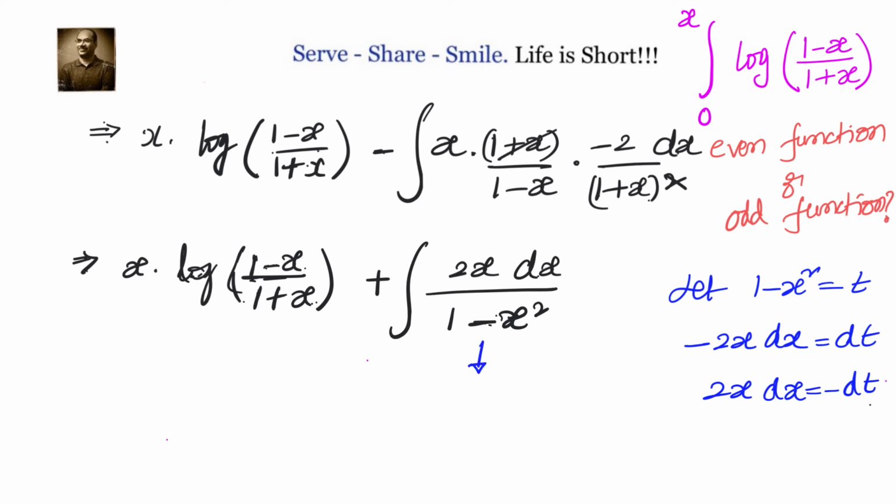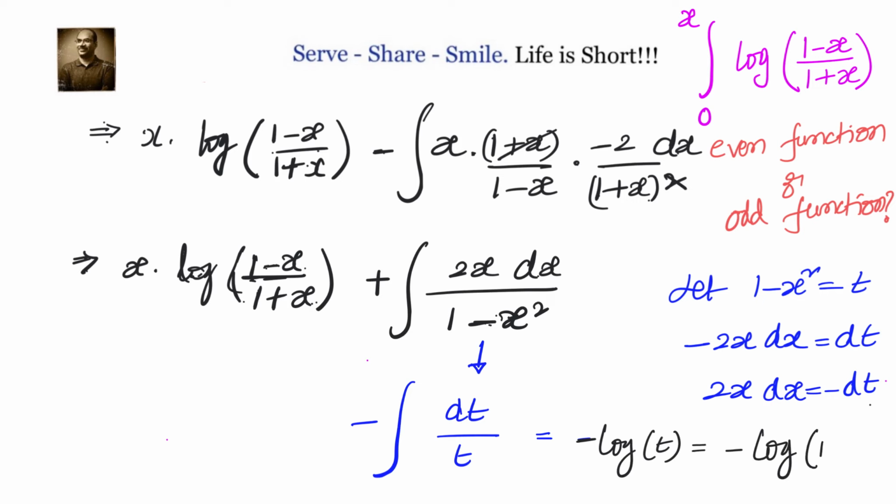Let's work only on the second part. Base is always by default e, so it equals minus of log t, but t is 1 minus x square, so we can write it as minus of log of (1 minus x) into (1 plus x).